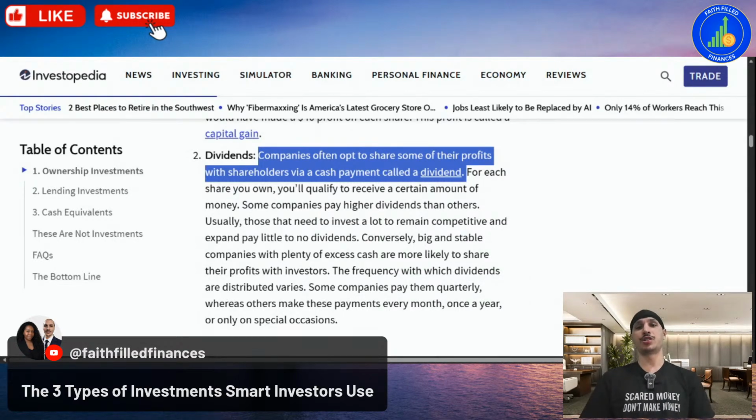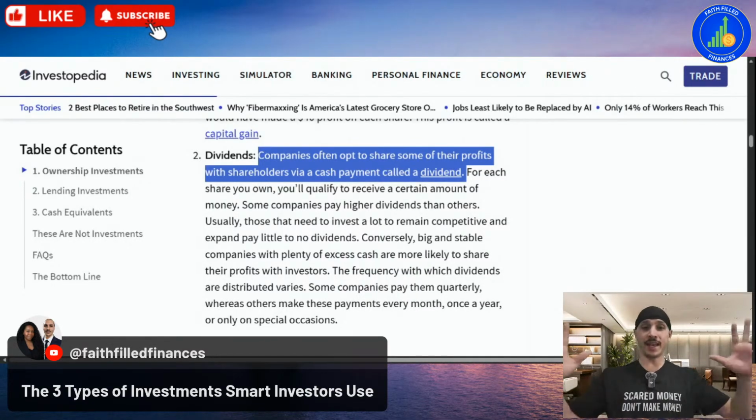Companies often opt to share some of their profits with shareholders via a cash payment called a dividend. For each share you own, you'll qualify to receive a certain amount of money. Some companies pay higher dividends than others. Usually, those that need to invest a lot to remain competitive and expand pay little to no dividends.